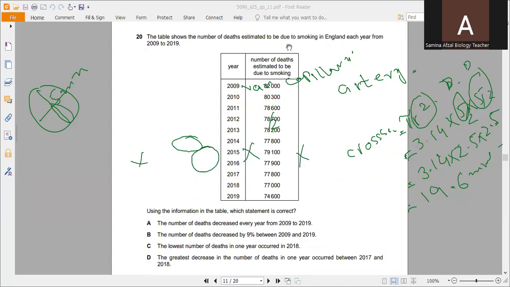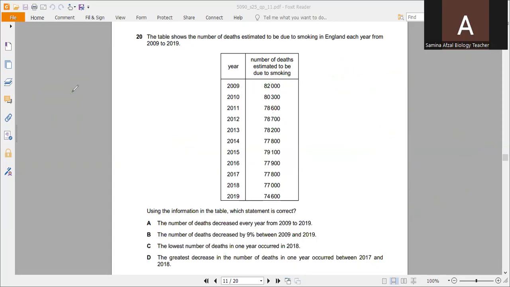Now the next question. The table shows the number of deaths estimated to be due to smoking in England each year from 2009 to 2019. Using the information in the table, which statement is correct? The number of deaths decreased every year from 2009 to 2019.